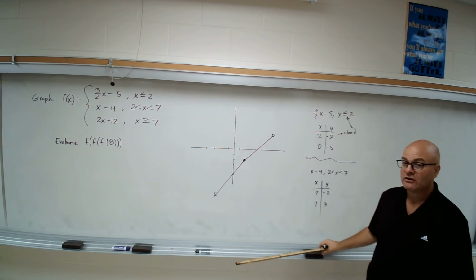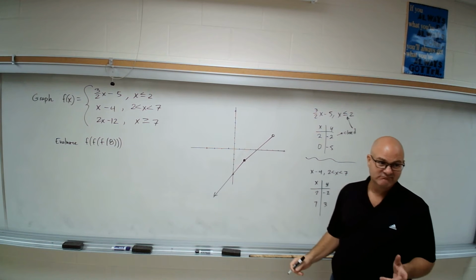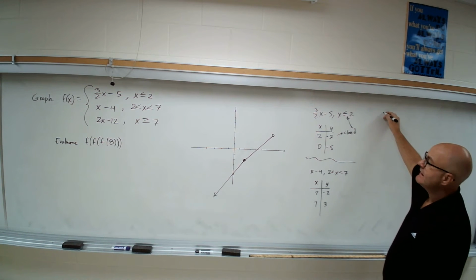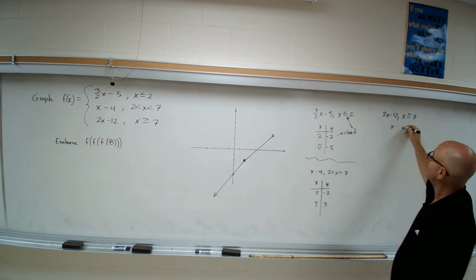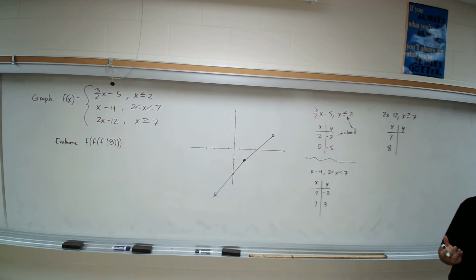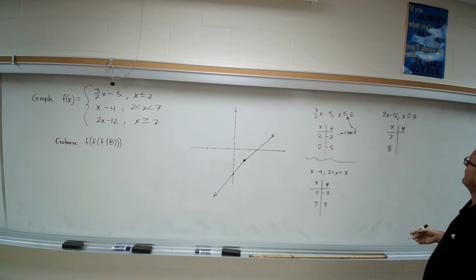And it's good they shouldn't look straight because they do have different slopes, right? This one should be a little bit steeper, which it's marginally steeper, I guess. But the last one here is 2x minus 12, where x is greater than or equal to 7. So there I'm just going to put in 7, which I know will be a closed circle. I'm going to put in 8, which I know will be just a point on the line.